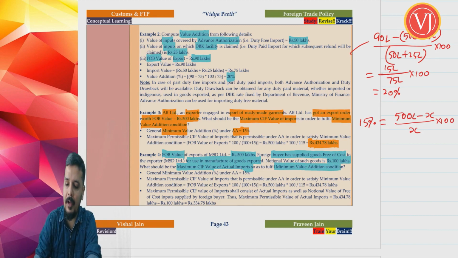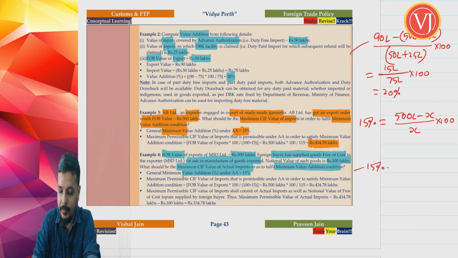You know the minimum validation that is required under advance authorization is 15%. So you have to achieve that 15%. Do you know the export value? Yes. The export value that you are having is 500 lakhs.